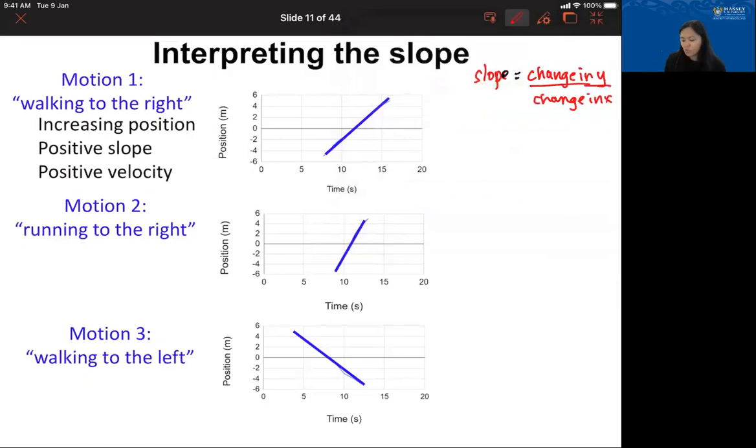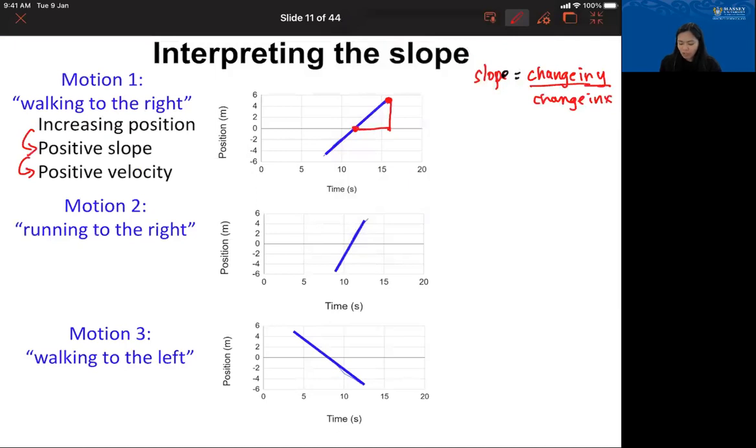Or what they sometimes call rise over run. Because for example, you're looking at these 2 points. The change in y is equivalent to this rise, and the change in x is equivalent to this run. So your change in y, you can see here, is bigger. Let's say that's about 5 minus 0, which gives you a positive number, and time is always positive. So you have an increasing position that will give you a positive slope and therefore a positive velocity.